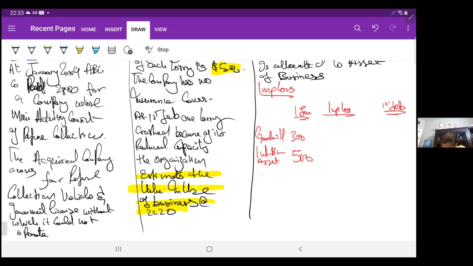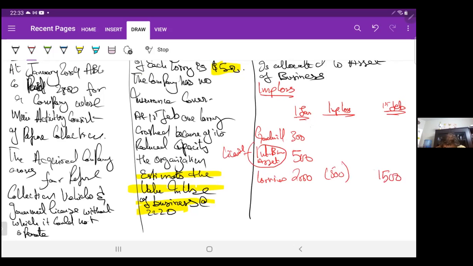What was the intangible business asset? The license. Okay. And then lorries. 4 lorries, 500 each, 2,000. Right? Impairment loss. One lorry was completely crashed. So its carrying amount at 1st Feb will be 1,500.